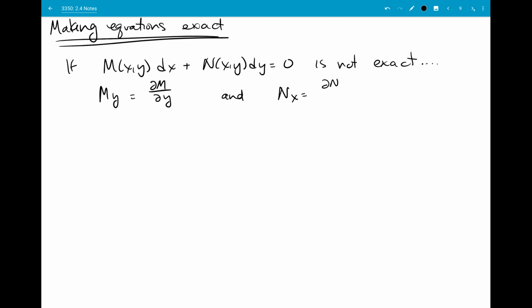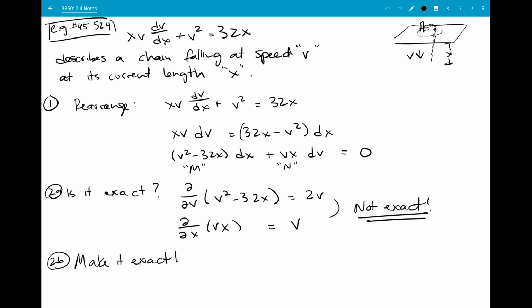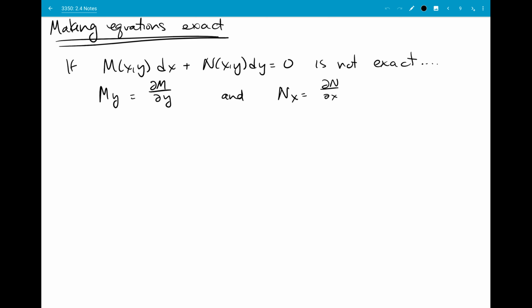And N sub x equal to dN/dx. That's the same thing we normally find. Right here, we did dM/dv and dN/dx. So we normally find that thing. I just need a notation to make the formulas we're about to write easier. So note that we've just verified that M_y and N_x are not the same thing. If they were the same, we wouldn't need this.